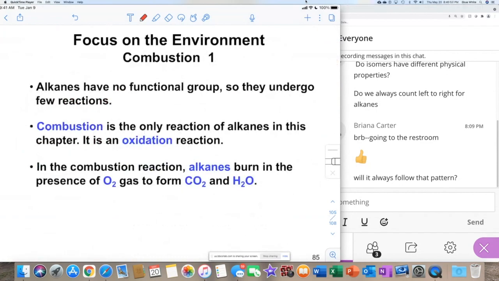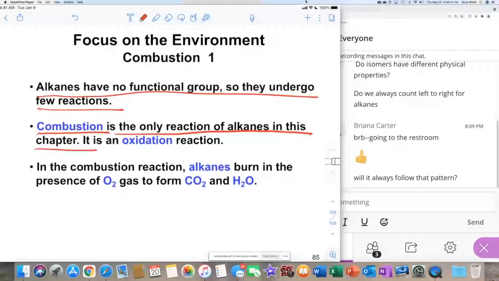Finally, the environment. So we're told here, no functional group, there are few reactions. For that, they burn. Combustion is the only reaction they undergo. When it reacts with oxygen, it gives you carbon dioxide and water.